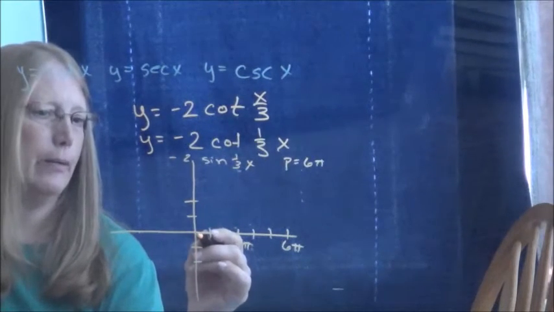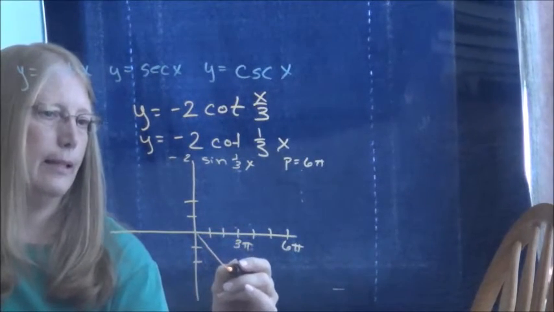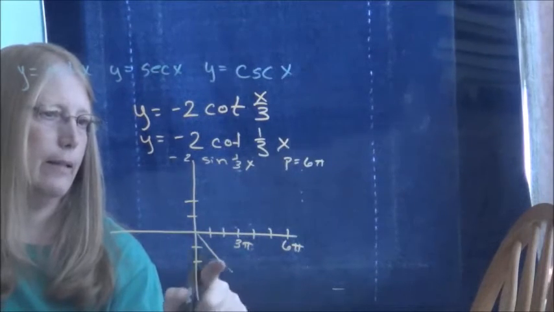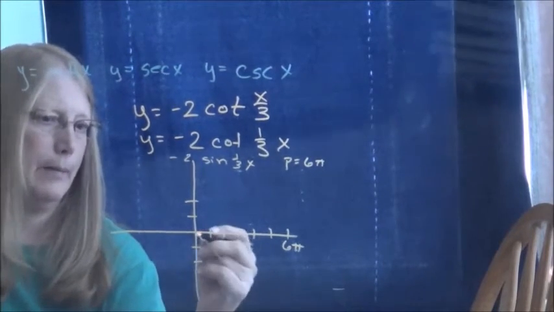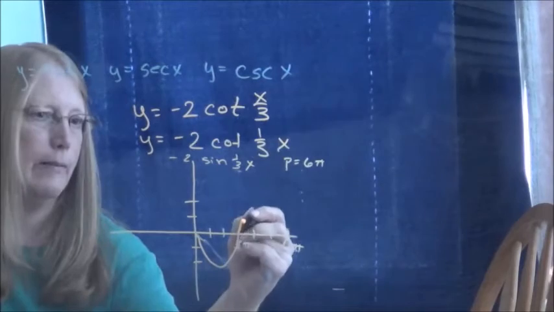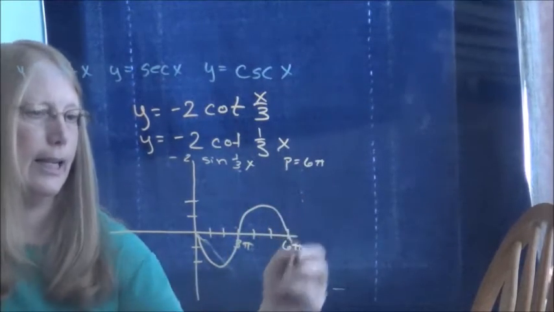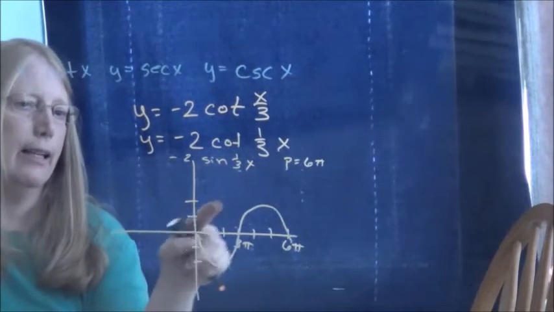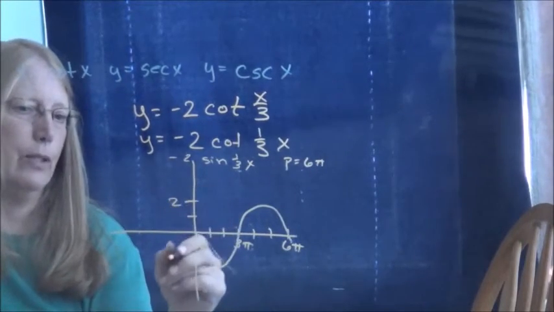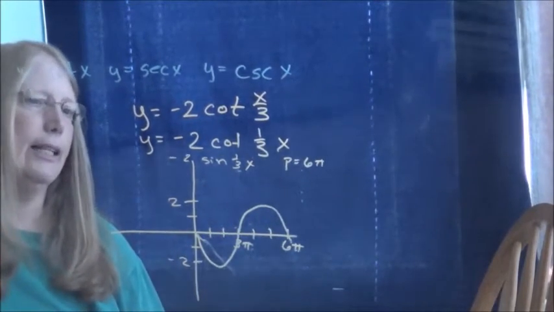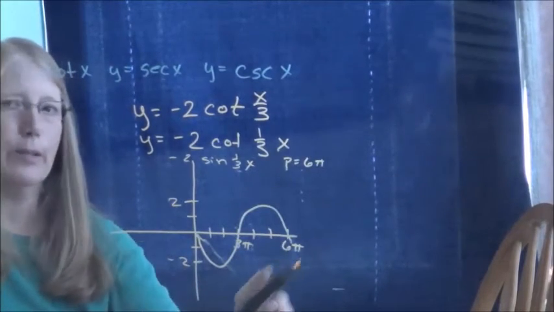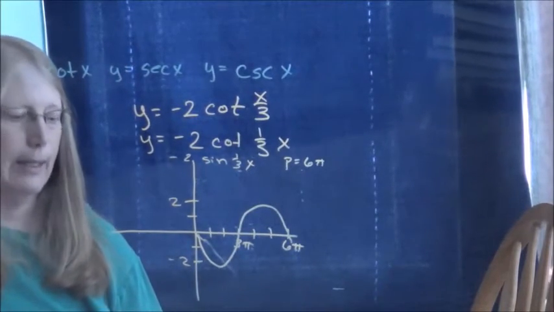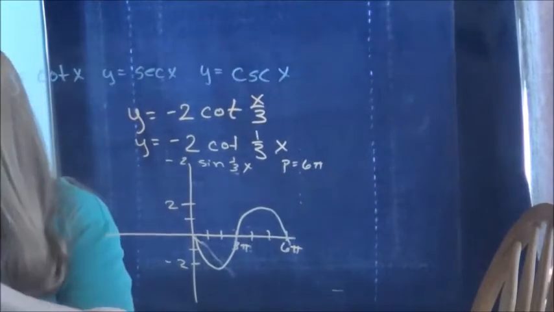So it's going to bottom out here, and come back up to here, peak, and then go back down. So that's it upside down because of the negative sign. It has an amplitude of 2 and -2, and it has been stretched out to 6 pi for its period. So now we're going to put in the asymptotes.